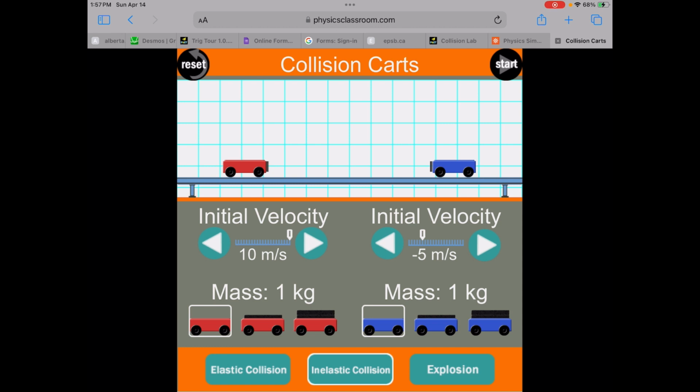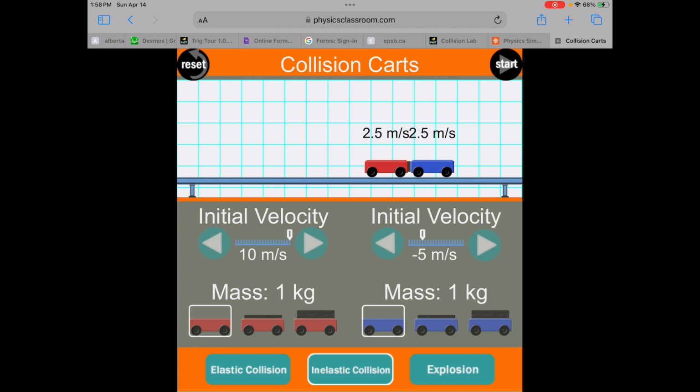Let's see what happens finally. But we know there are going to be positive 5 kilogram meters per second total of momentum. Let's just see how it looks though. Aha, let's see that one more time. So, boom, they stick together. Both of their momenta change. Is the total still positive 5? Well, what's the total mass here? We've got 2 kilograms worth of mass now, right?